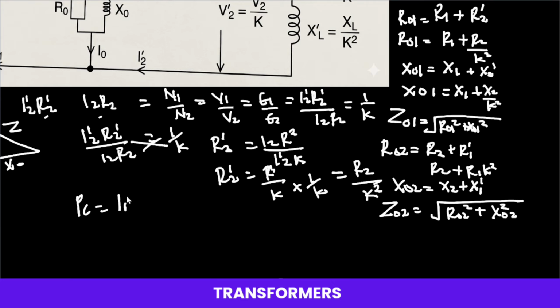So we can find I1 squared R1 in the primary plus I2 squared R2, and that will give us the copper loss. Now we can also look at it this way: I1 squared times the equivalent resistance as referred to the primary, which is R01.